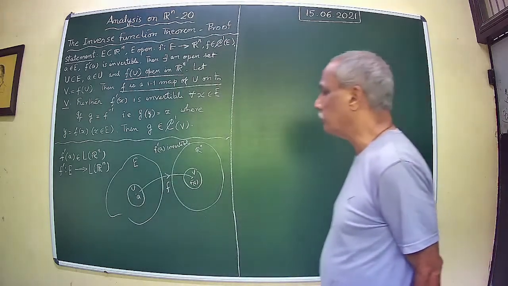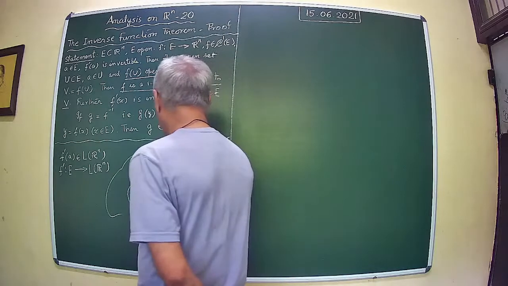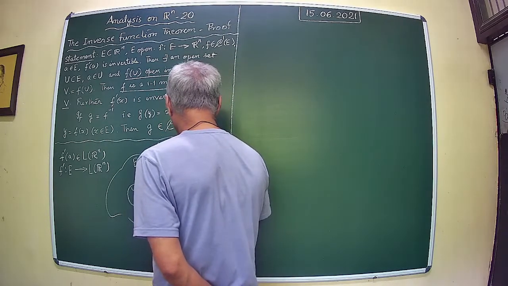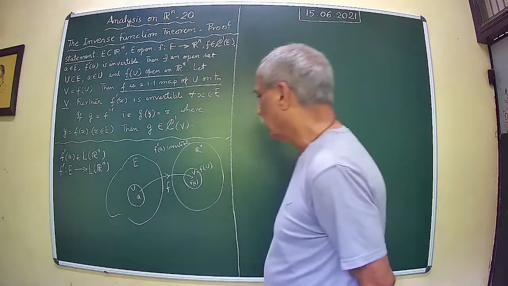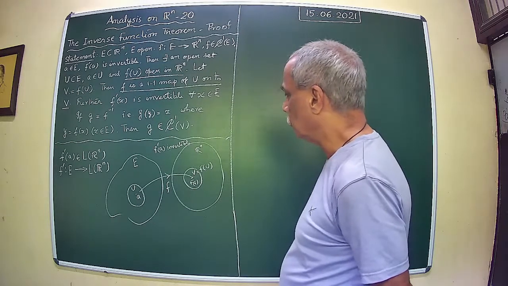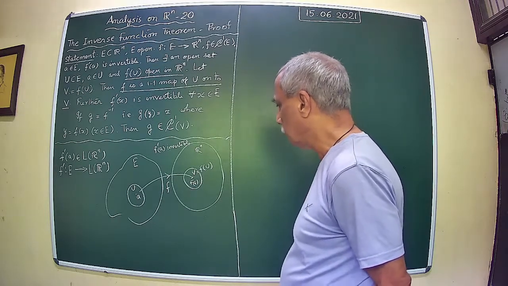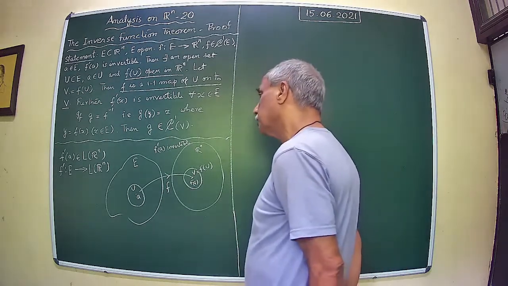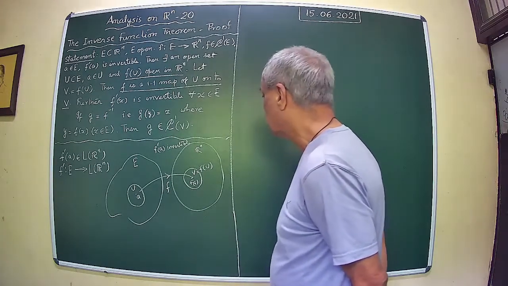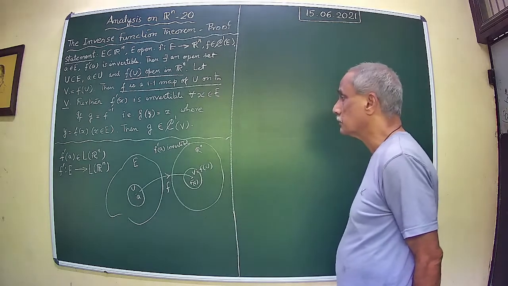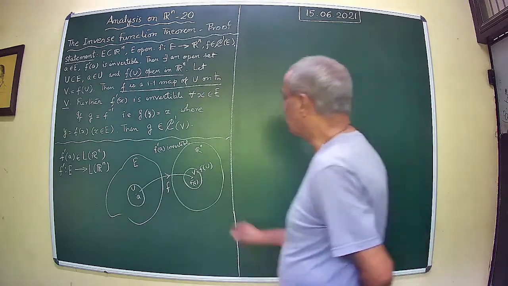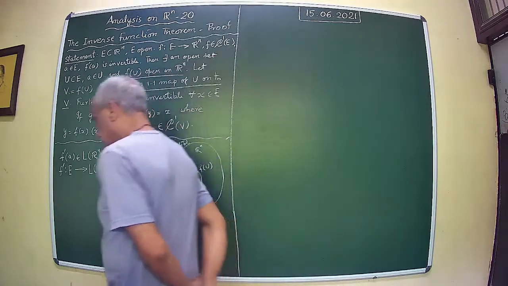Then what we have proved is the existence of U and V as F(U). We have proved that F is a one-to-one onto map of U onto V, and F(U) is an open subset of Rn.